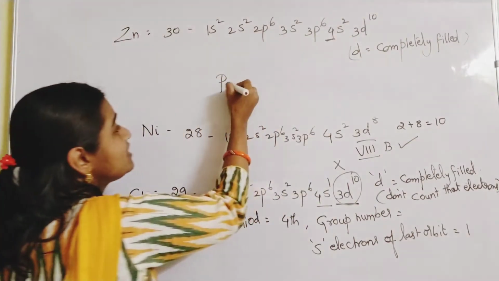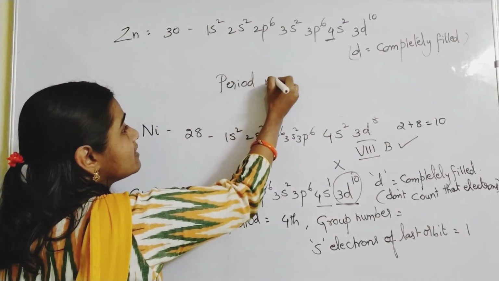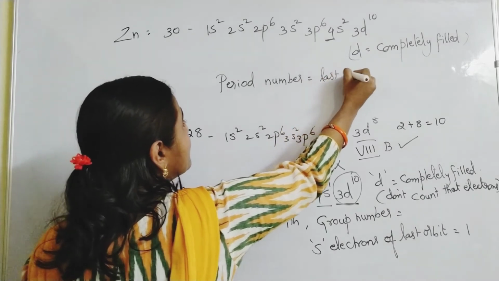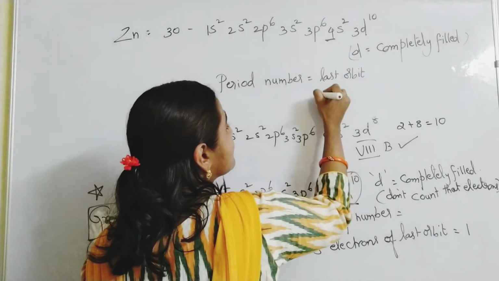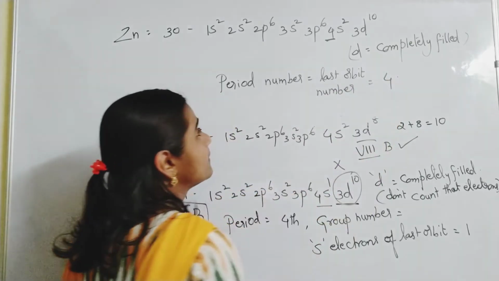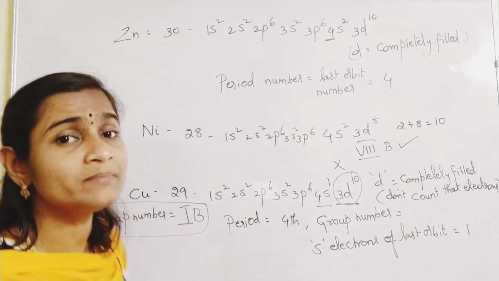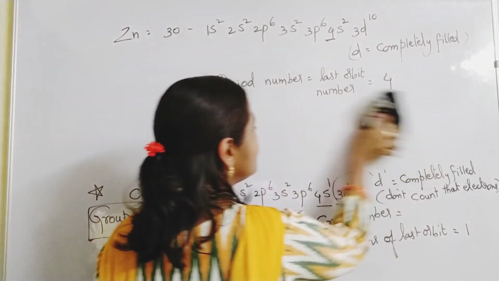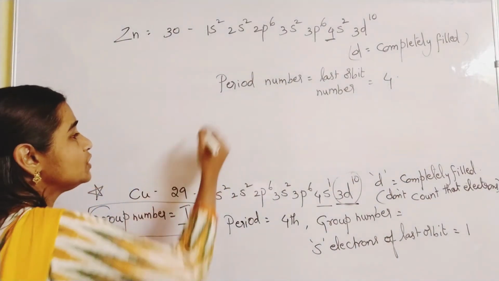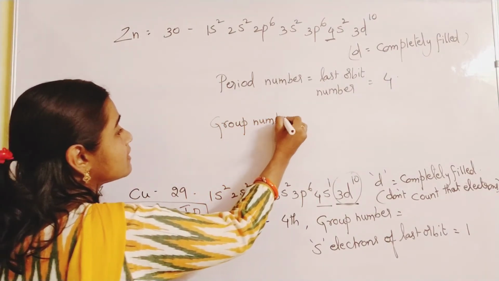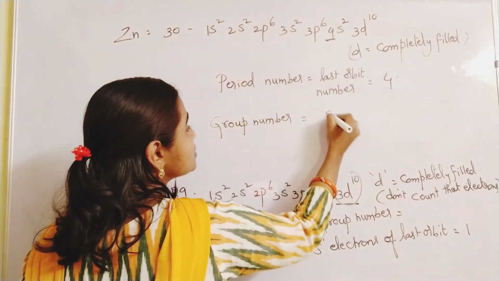Period number is the last orbit number, that is 4. And group number: count only the s electrons of the last orbit.